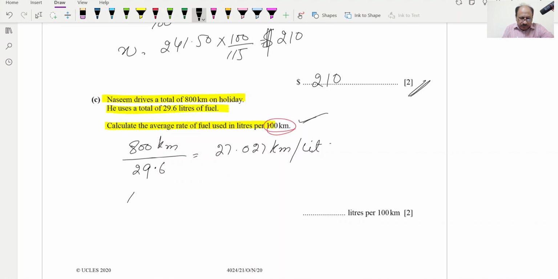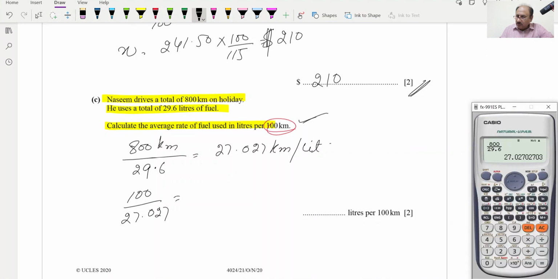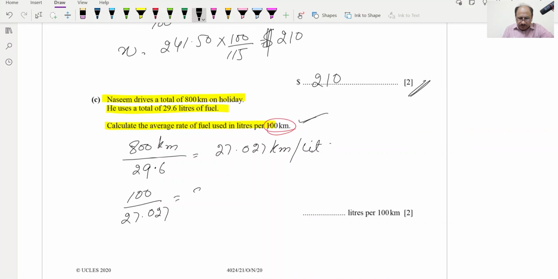This will be 100 divided by 27.027, and we can calculate the amount in liters. So 100 divided by the answer is equal to 3.7 liters per 100 kilometers. This will be the answer. We can provide 3.7. This will be for 2 marks.